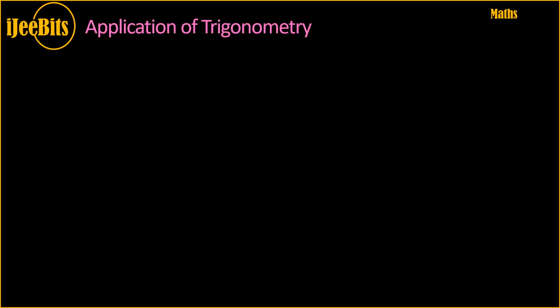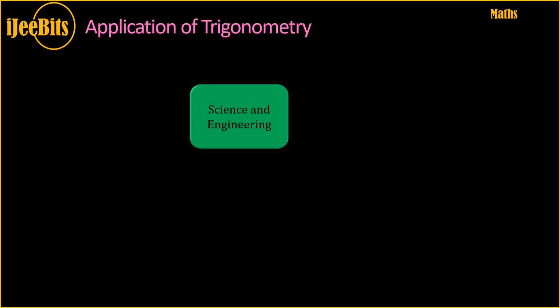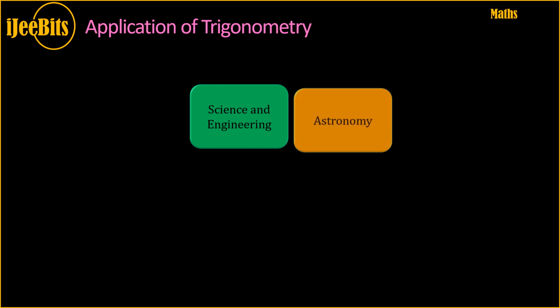Let's look at some of the applications of trigonometry. Trigonometry is very widely used in science and engineering, and it is used in astronomy precisely to find the distance between the stars and the planets. That is measured by you sitting on the earth, right?